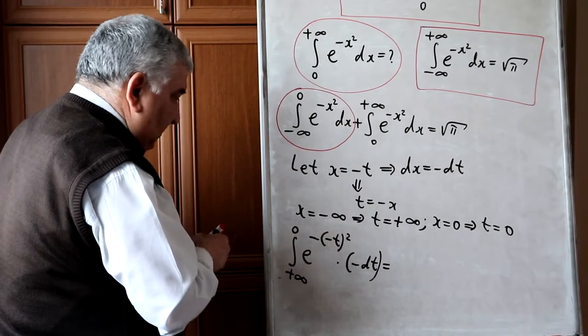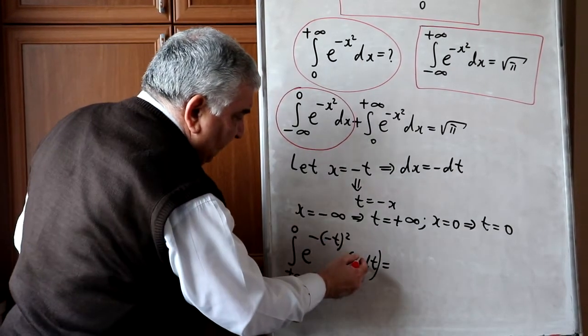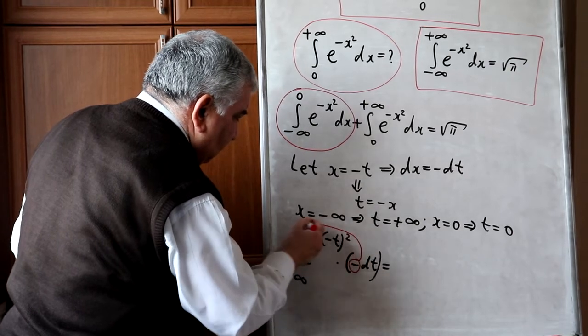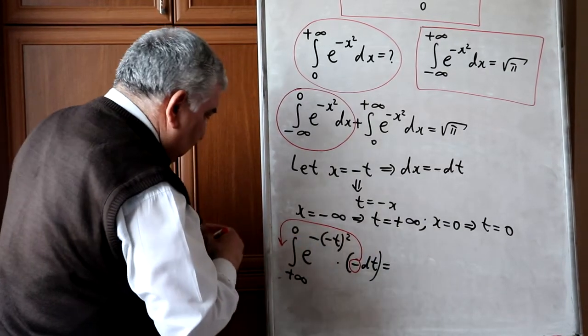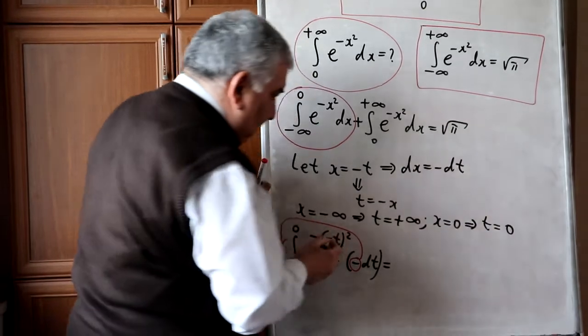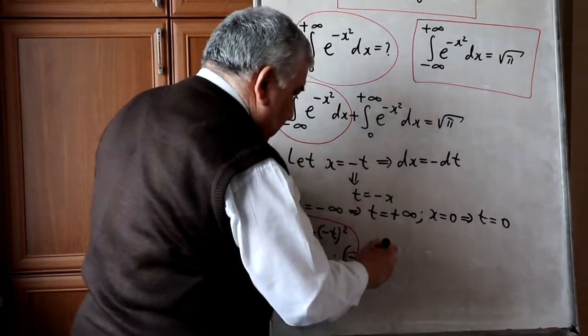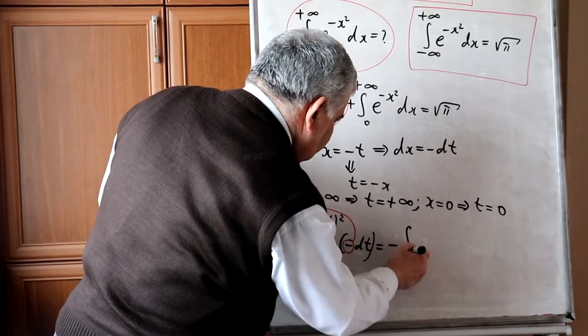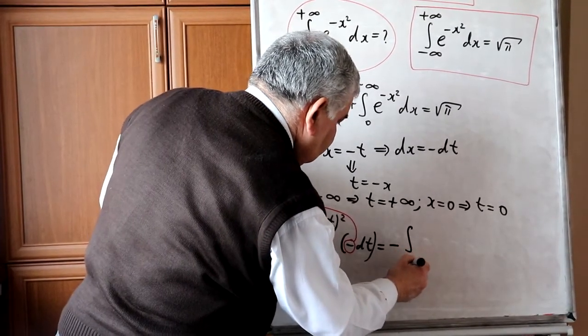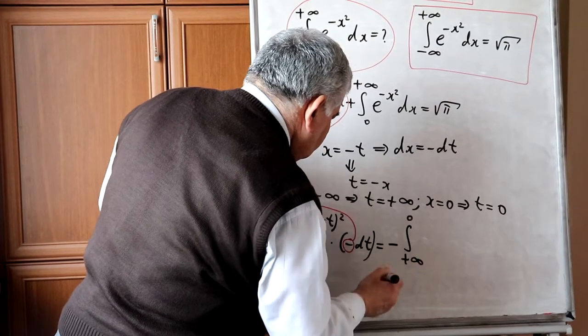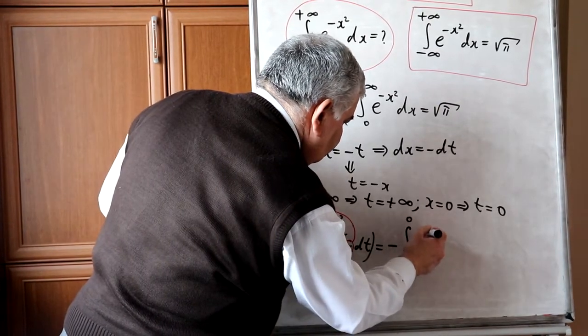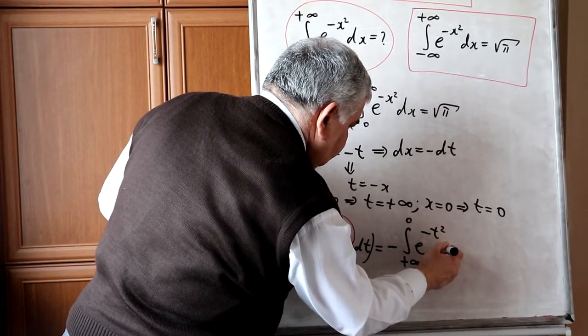We can take the negative sign out of the integral symbol, and minus t squared is simply t squared. Then we will have the integral from plus infinity to 0 of e raised to minus t squared dt.